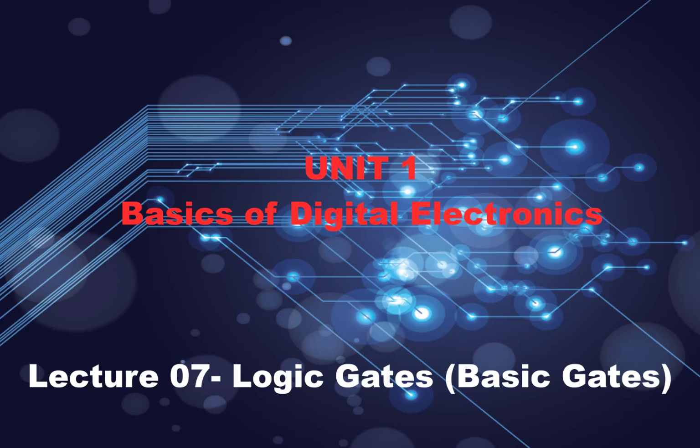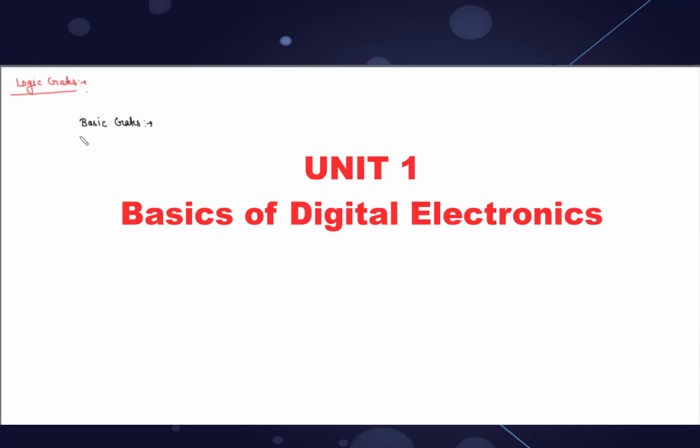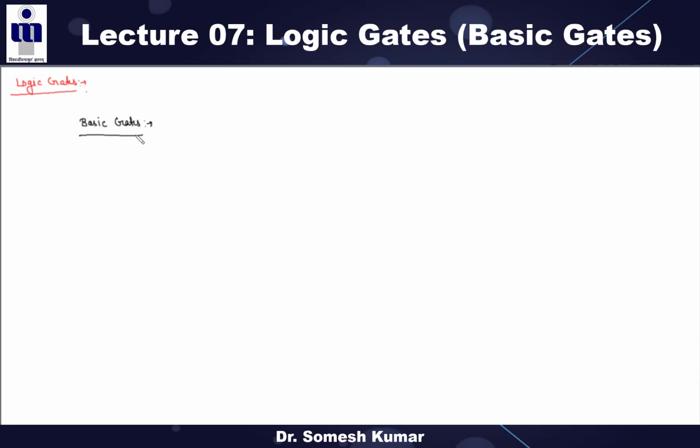We will also cover how you can design your AND gate, OR gate using PN junctions, and how you can design this NOT gate using the transistor. So what is the meaning of minimization using the K-map?